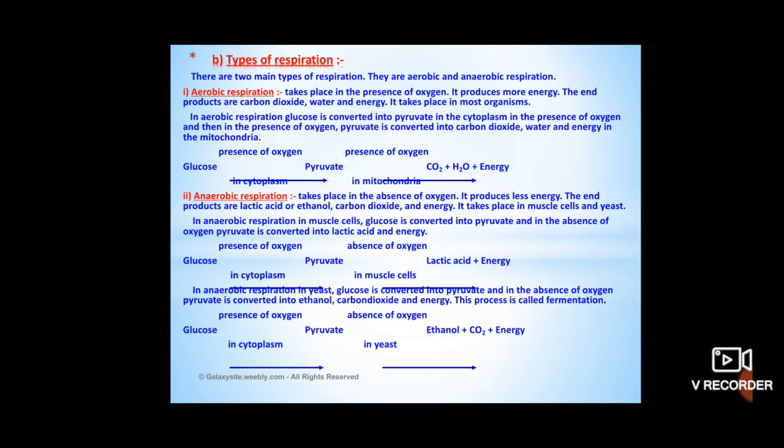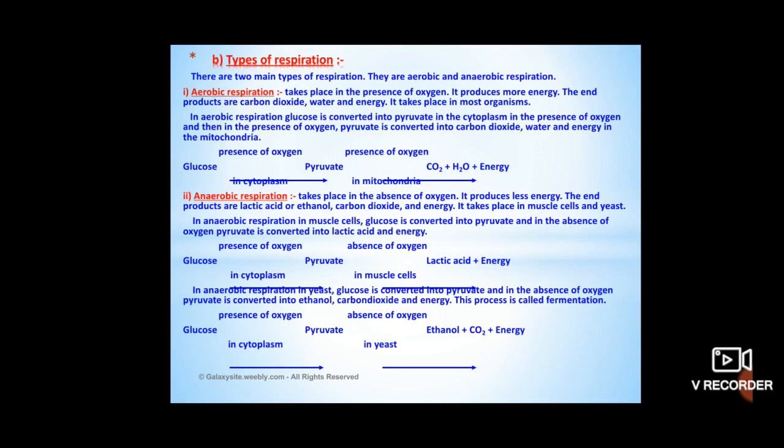Cramping of muscles takes place because of heavy exercise. As a result, our muscle cells don't get a sufficient amount of oxygen. If the muscle cells don't get sufficient oxygen, what will happen? The process of anaerobic respiration takes place.